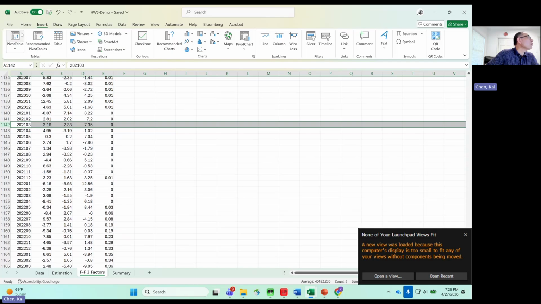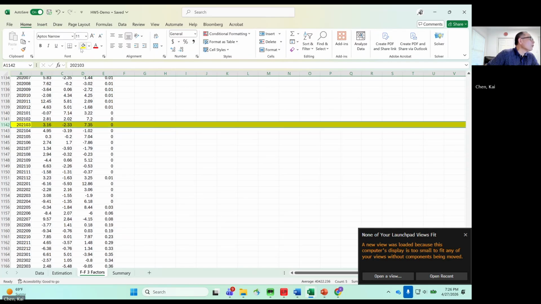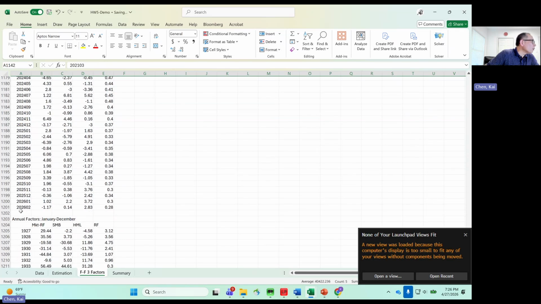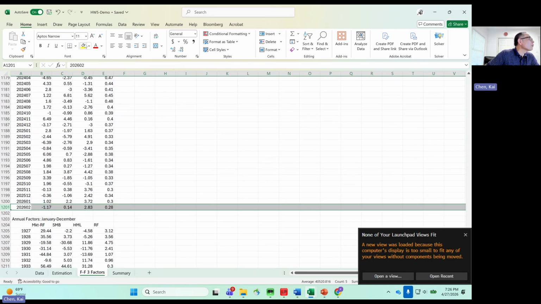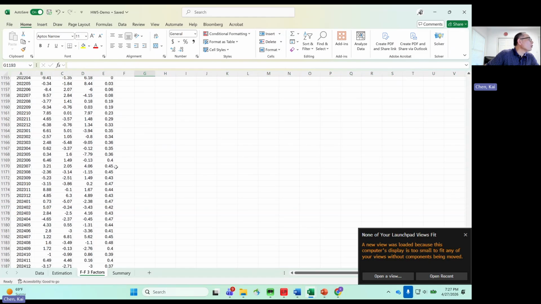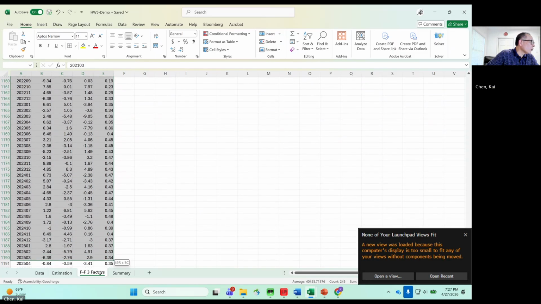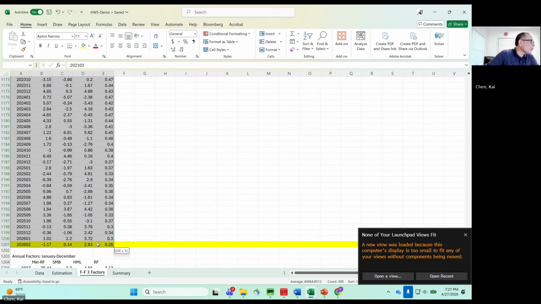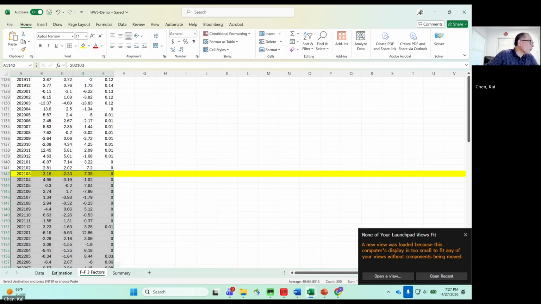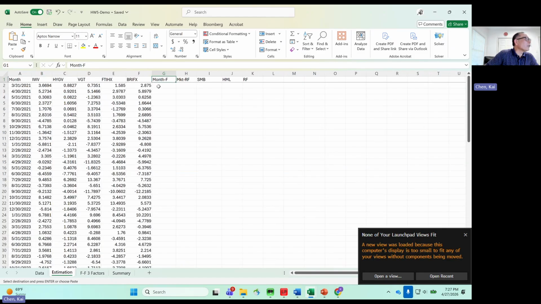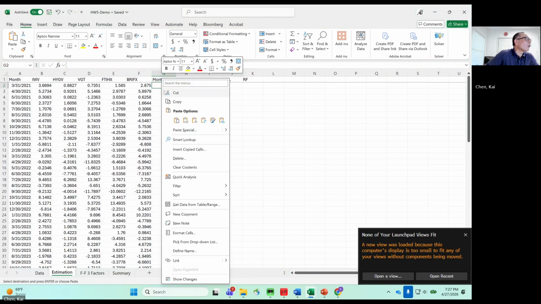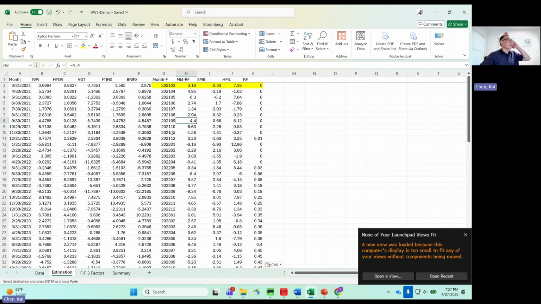I'm going to highlight this column, from March 2021 to February 2026. Okay, I'm going to copy and paste in this area.